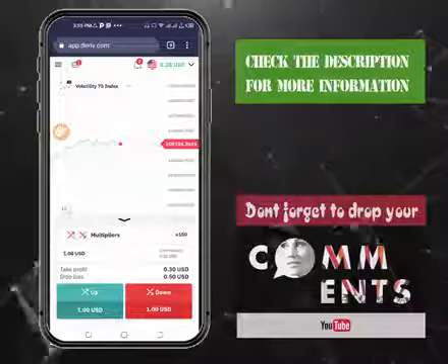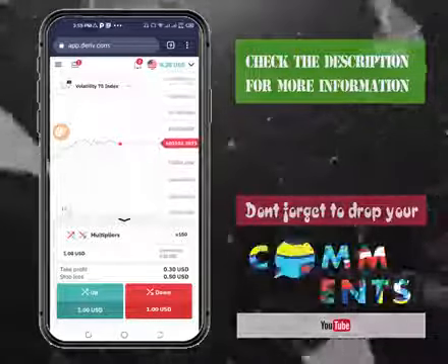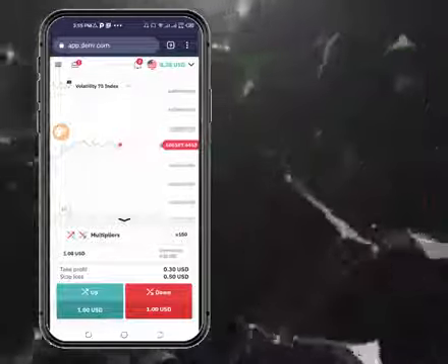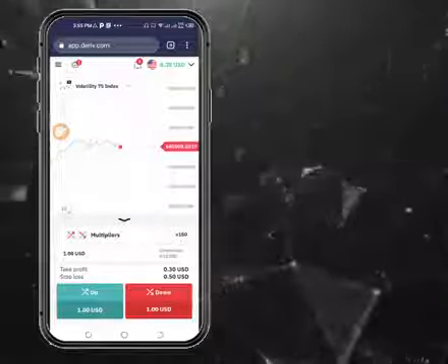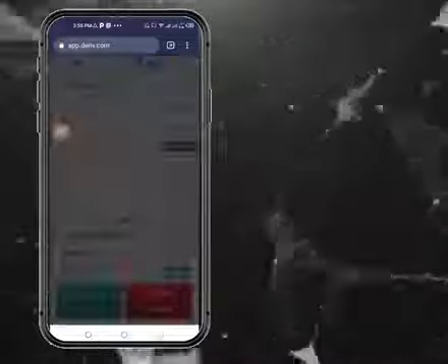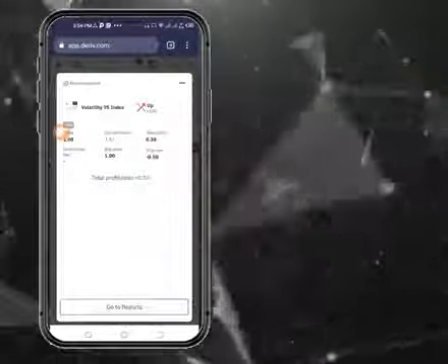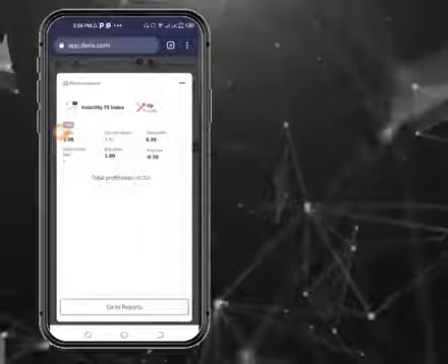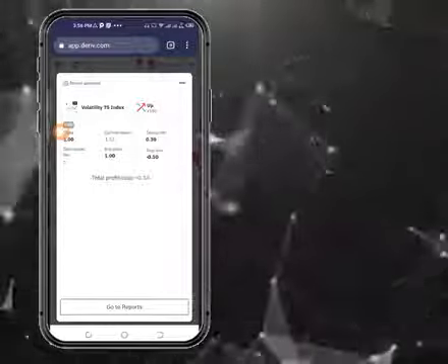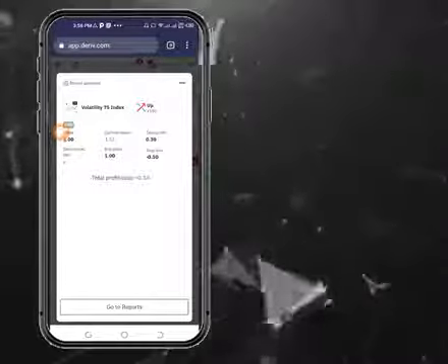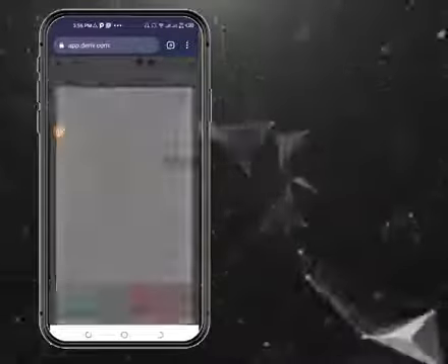If it breaks through that line, I think at this stage I want to close my trade. Okay, so I've actually made 14 cents. I've made 14 cents. Okay, so you see it has broken downwards.